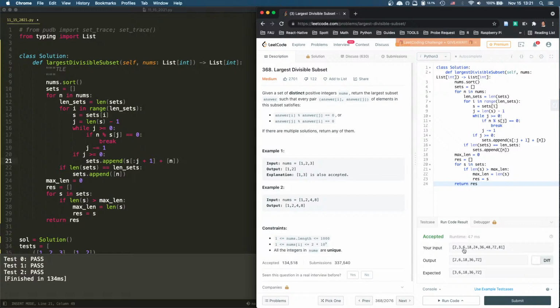So now 6 divisible by 3. 8 divisible by 4. So we checked it already, so I don't have to check again. 12 also divisible, but actually we don't have to check anymore because it's smaller than the set. So, okay, so this level will go back to 3, 6, 12, right? So we have 3, 6, 12, which is divided by 2, so we have to go back.